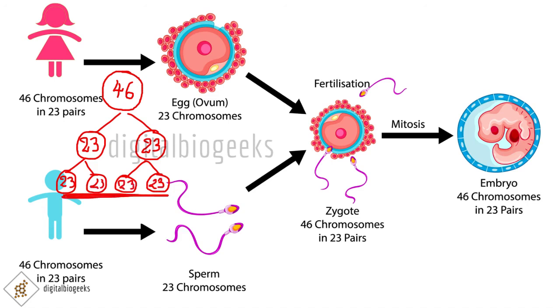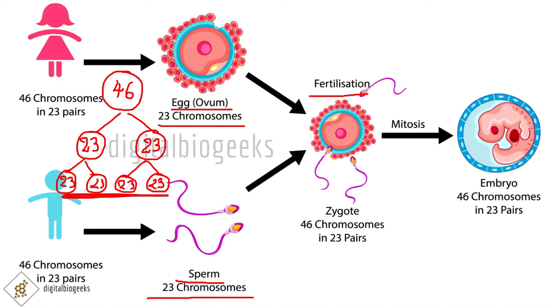These 4 cells are called the gametes. The gamete or reproductive cell in the female is called the egg or ovum, which contains 23 chromosomes, and the reproductive cell or gamete from the male is called the sperm, which has 23 chromosomes. During fertilization, they both fuse together.